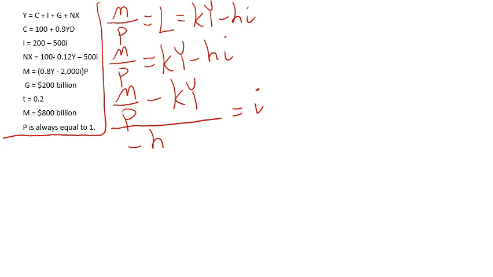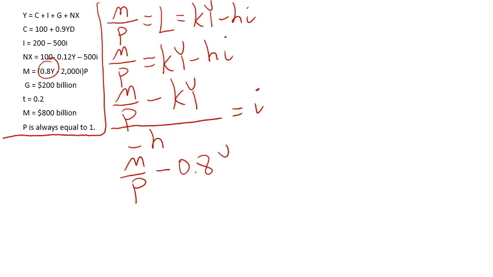And just like we did with G, government spending, we're going to keep M over P open. In other words, we're not going to replace it by numbers. All right? So M over P minus, what's K? Well, there it is. That's K.